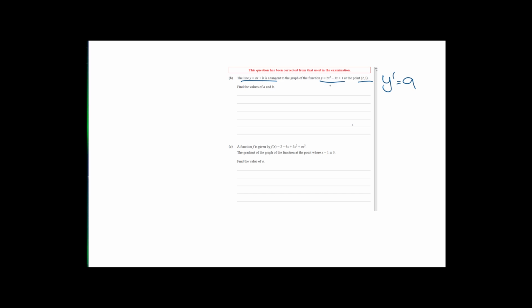And for this one here, we need to find the gradient function. So y dash of x is going to be 2 times 2 is 4, x minus 3. And y dash of 2 is going to be 8 minus 3, which is 5, positive 5. So therefore, A equals 5. It's a straight line. A is always going to be 5.